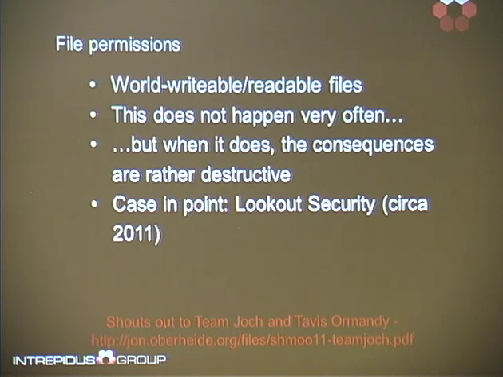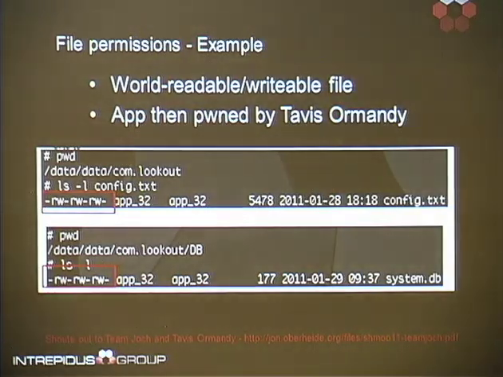So I wanted to bring in an example of Lookout Security, an Android security product, a vulnerability in which was discovered by Team Joxo, John Aberheide and Zach Lanier, as well as Tevis Romandi, who independently discovered the vulnerability as well. The vulnerability was that the application placed its system database and a configuration file inside its app directory, except it made them world readable and writable.